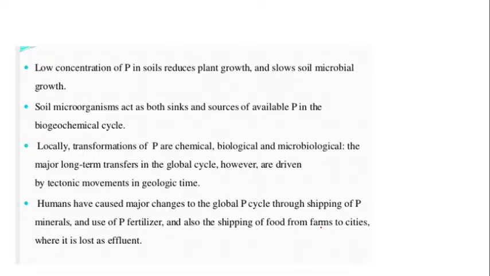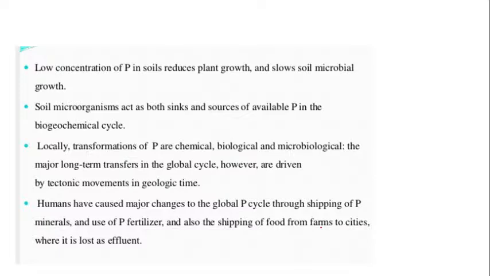Humans have a major role in the phosphorus cycle. Because phosphorus is lost as runoff, phosphorus is usually added in fertilizers. In the nitrogen cycle I said urea or nitrogen is added to fertilizers.